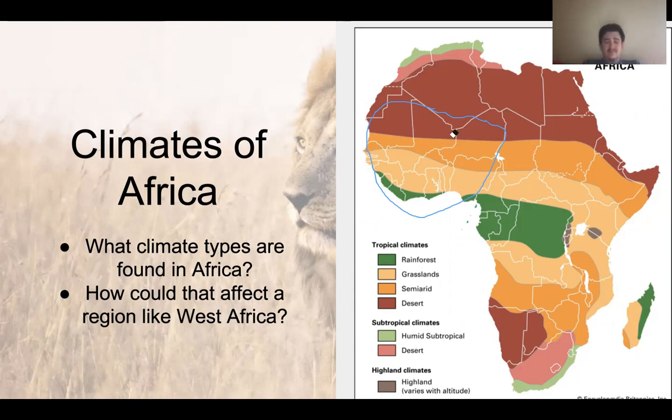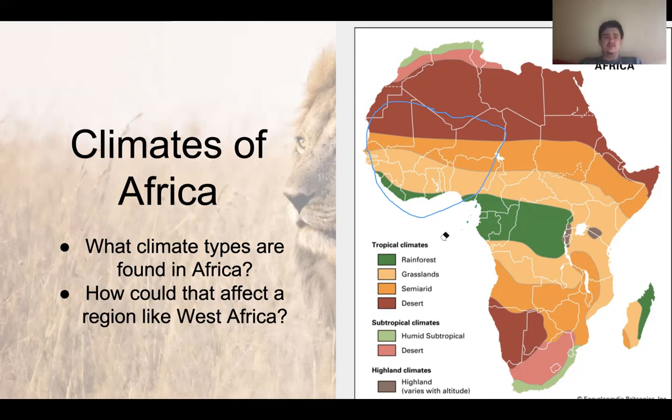So think about what are some ways that climate can affect a region. How can climate impact what people do for a living? Does it impact what food they grow? Does it impact how well they travel? Does it impact what entertainment is available to them even?